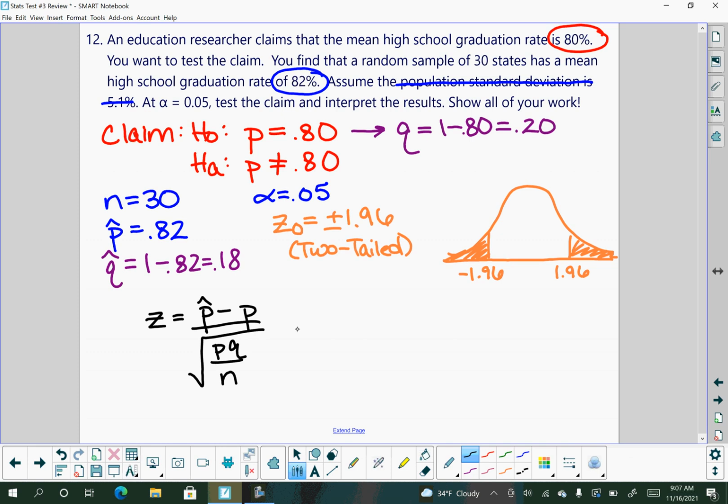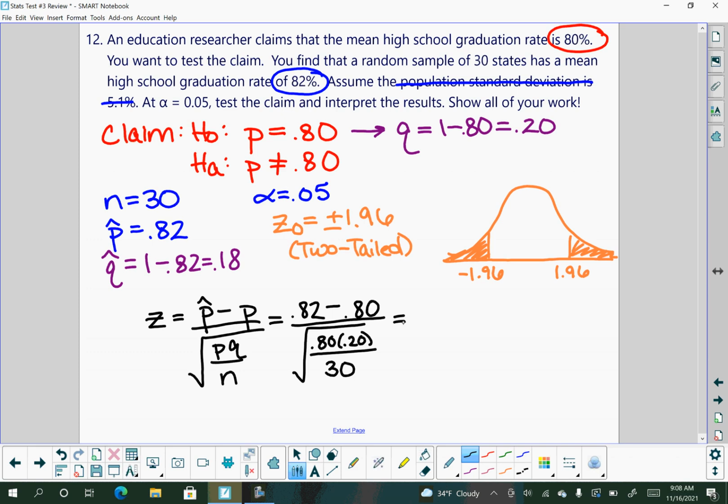We use it for other things like confidence intervals, but we don't need it for our hypothesis testing. All right, so 0.82 is my P hat. 0.80 is the population proportion that we're testing. In my denominator, my P is 0.8, my Q is 0.2, and my N here is 30.